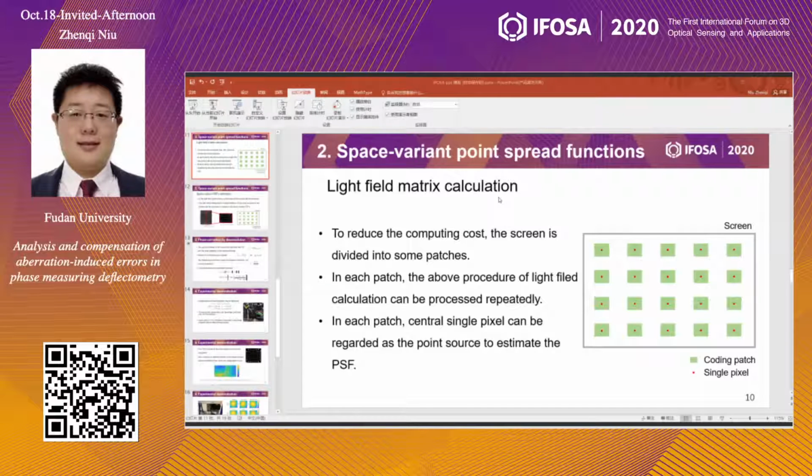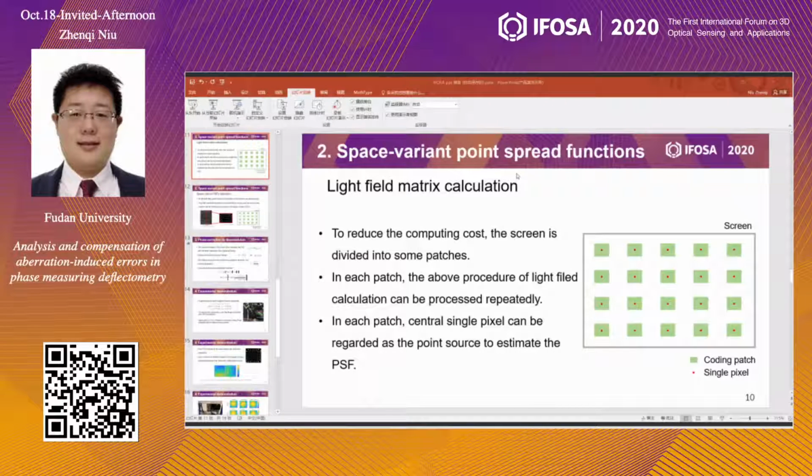Because we must calculate the whole image. However, the PSF is space variant, so we must process the image patch by patch, and the size is set by the size of the calculated PSF.